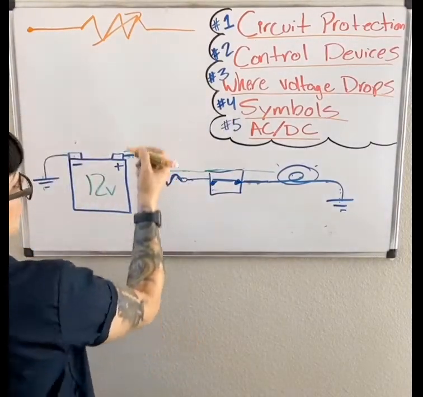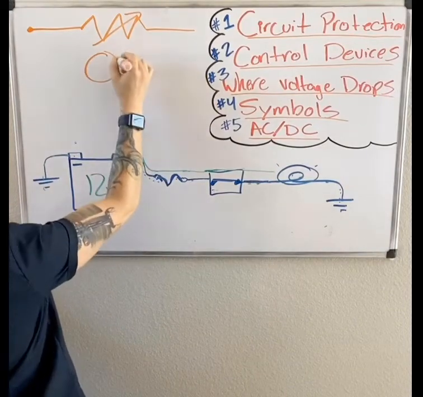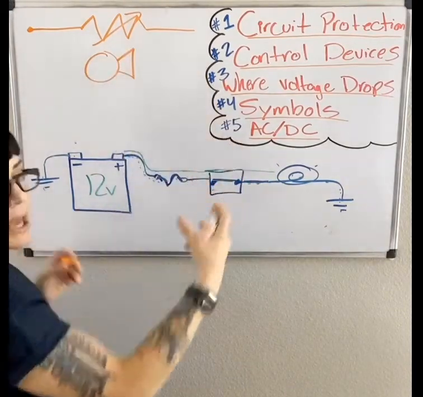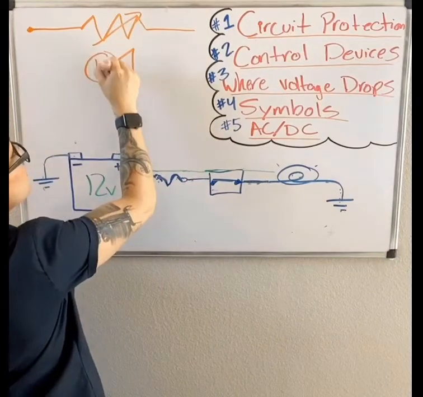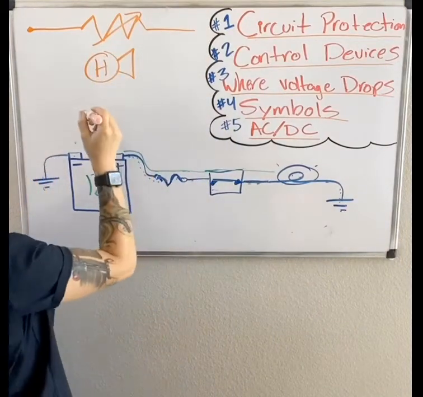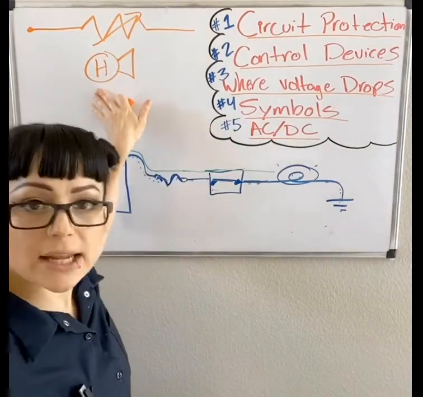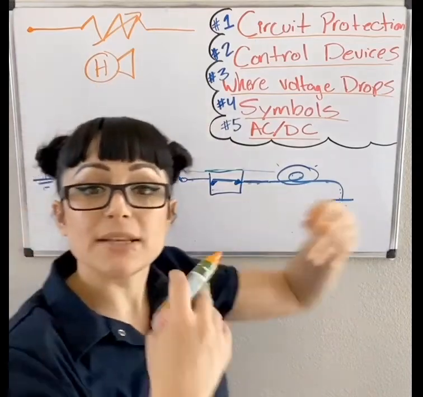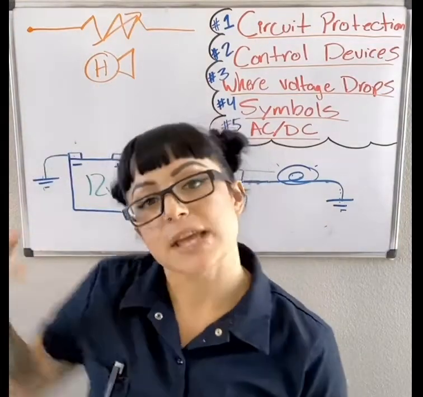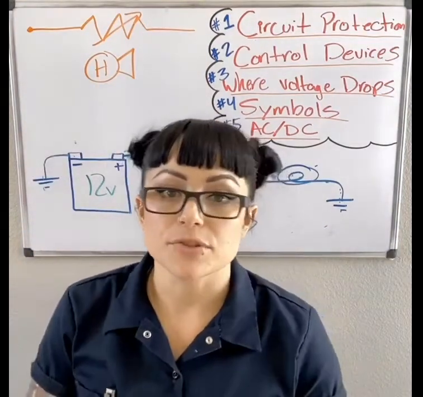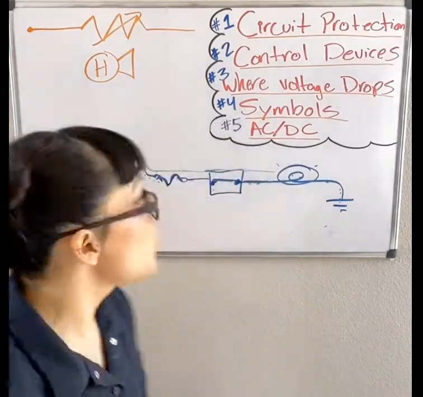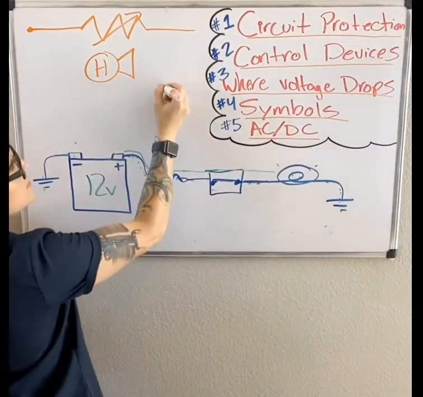Another would be, let's say, a horn. Horns sort of look like this. Depending on the manufacturer, they can be different. It may have an H in there, and there will be connections in and out of a horn. Horns make sound. They take electrical energy and turn it into sound, so they do take up voltage as well. What about movement?